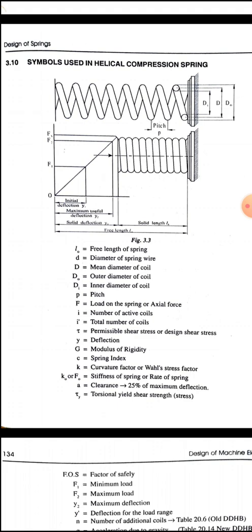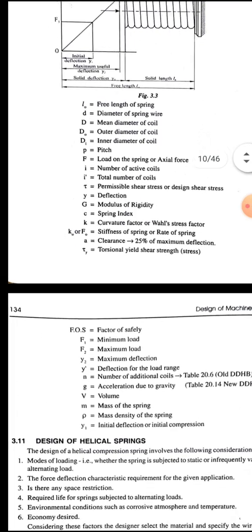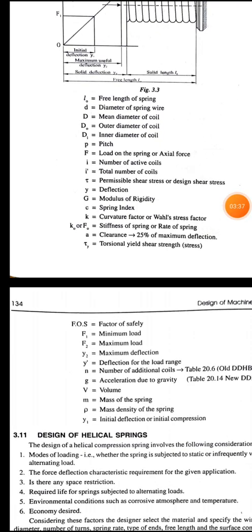A, clearance, is 25% of maximum deflection. Tau Y is the torsional yield shear strength. FOS is the factor of safety. F1 is the minimum load. F2 is the maximum load.